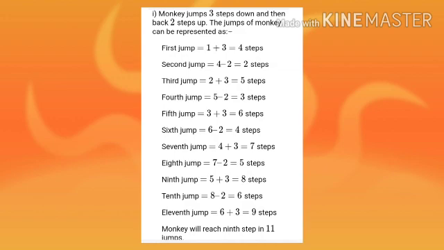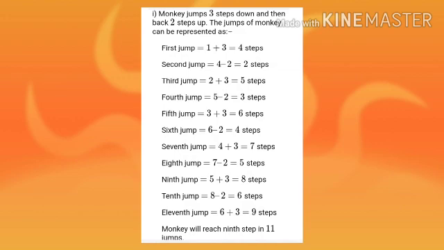Again, in the fifth jump, the monkey jumps from step number 3 coming down plus 3 steps down, which is equal to 6. Now the monkey is on step number 6. In the sixth jump, the monkey is on the fourth step.